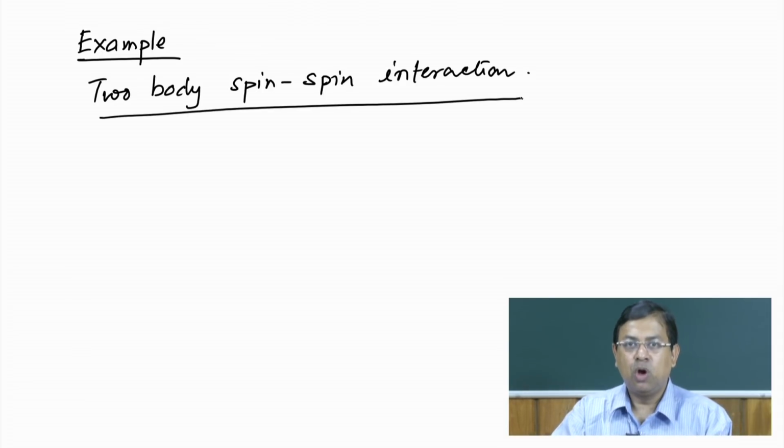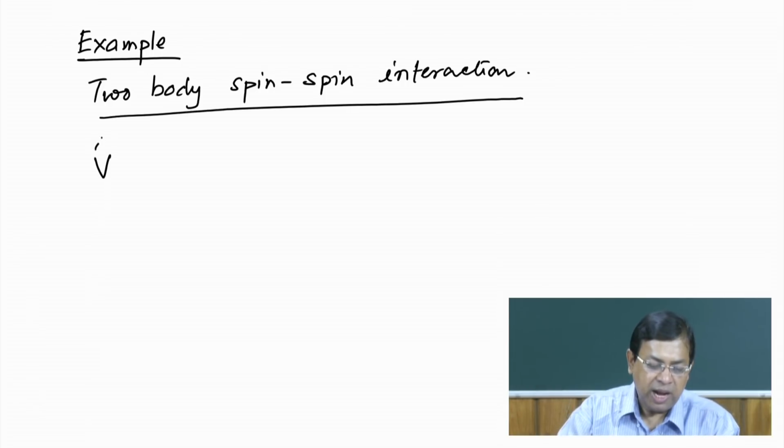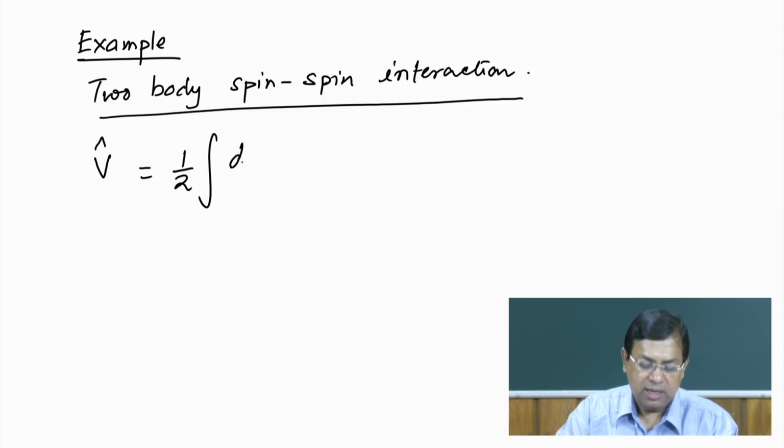That is, we are going to talk about a Hamiltonian where the only interaction is via two spins, and they would be interacting in a particular way. This is a spin only model, and we would write it with a half factor to avoid double counting, and then an integral d r d r prime.